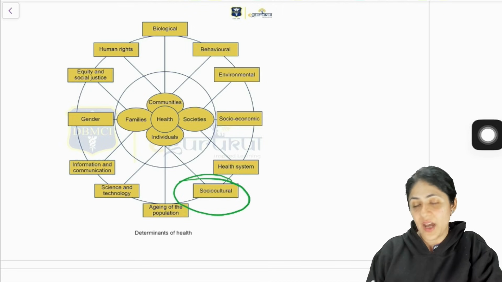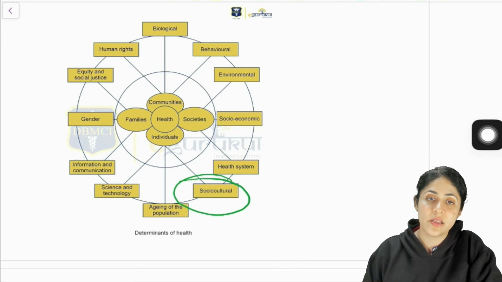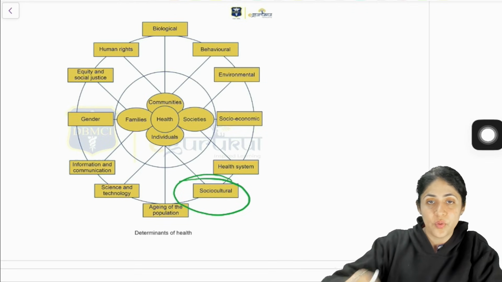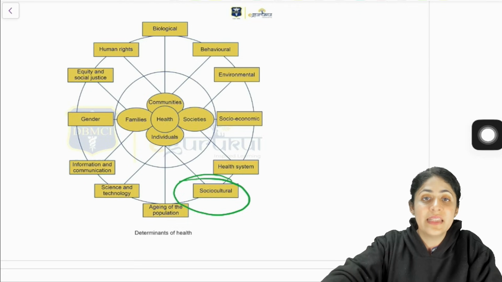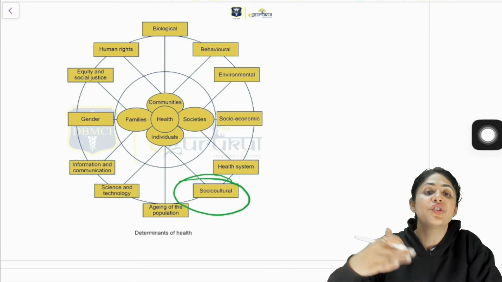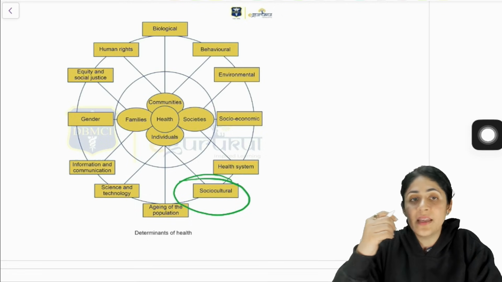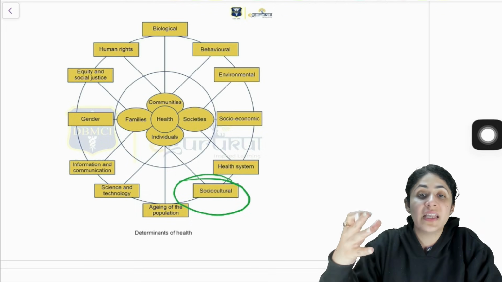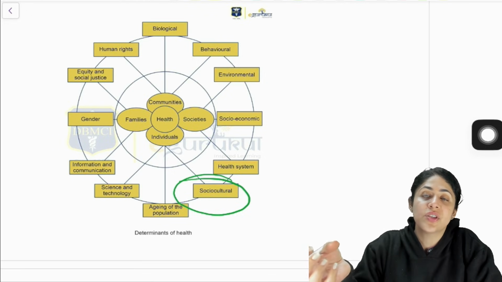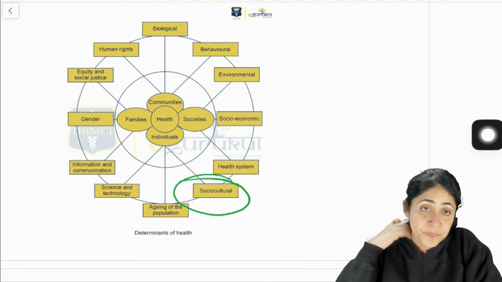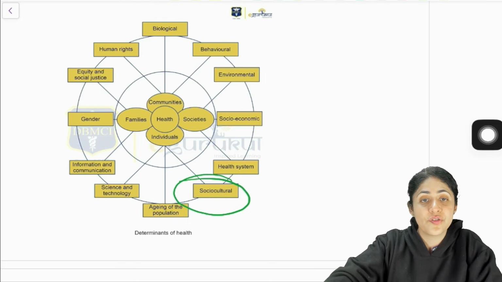The determinants of health and health inequalities, that is, the cause of the causes, are socially patterned, and this pattern may pass from one generation to the other. Not adequate attention is being given to the cause of the behaviors and the underlying social and environmental conditions that affect the behaviors. Environmental conditions also deserve attention.